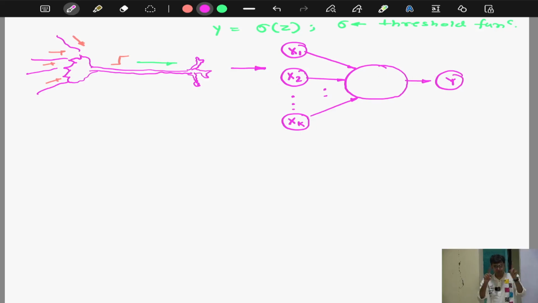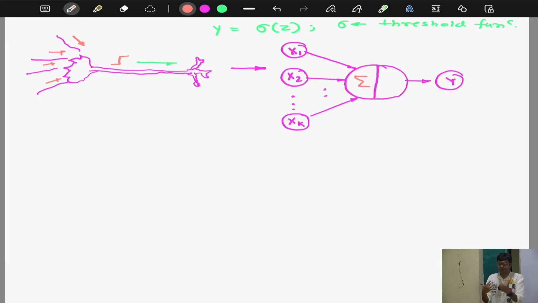So this is the compute unit. The middle circle is the compute unit. What is happening inside the compute unit? Two things: accumulation and thresholding. First, accumulation. Summation represents accumulation.